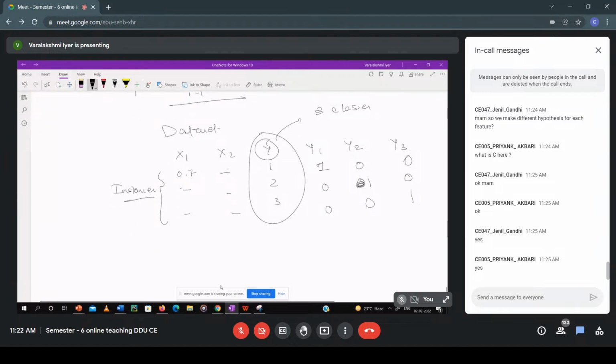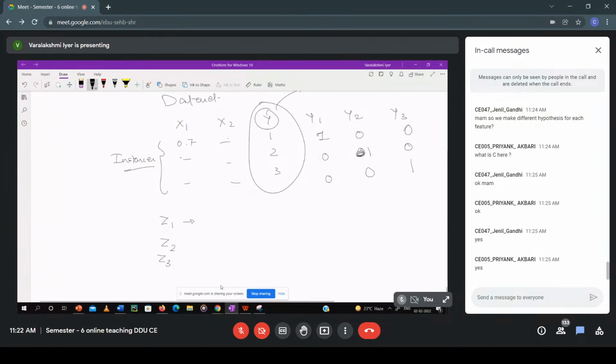For each class, if you want to understand this theoretically, we'll be calculating Z1, Z2, and Z3. Z1 will be for all those classes. For example, you are trying to classify into dog, cat, and horse, three classes.